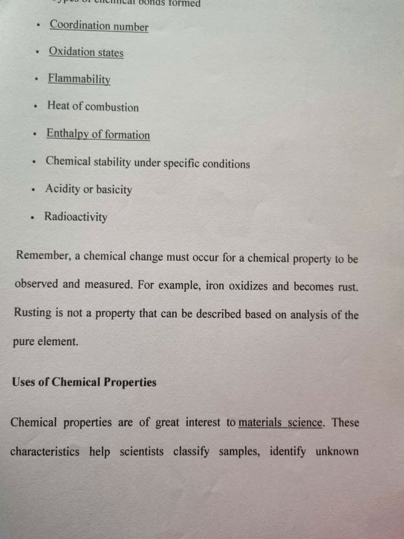Fifth is oxidation state. Sixth is flammability. Seventh is heat of combustion. Eighth is enthalpy of formation. Ninth is chemical stability under specific condition. Tenth is acidity or basicity. And eleventh is radioactivity. A chemical change must occur for a chemical property to be observed and measured.